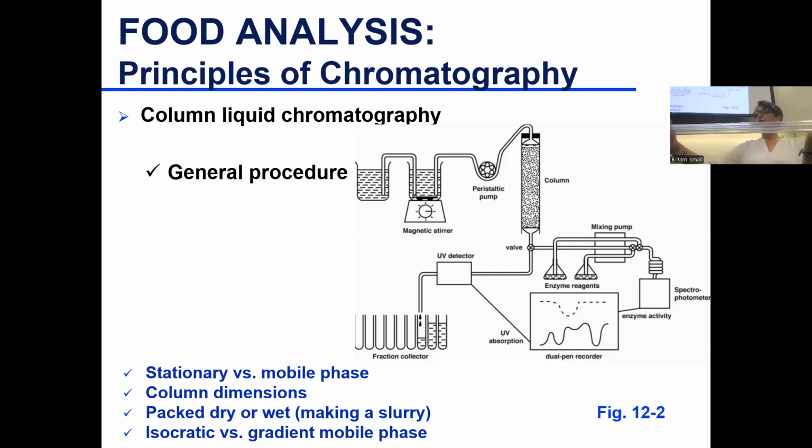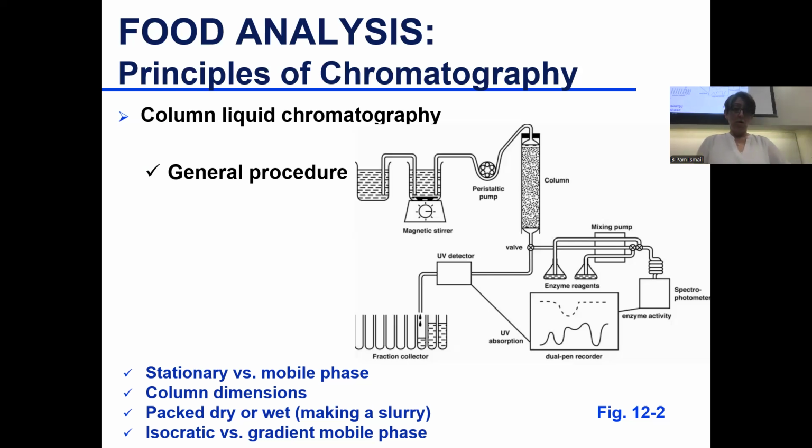They come with different lengths and different widths, so you have all sorts of sizes, and then you can pack them with different material. Based on the material that you use, you will have size exclusion chromatography or hydrophobic interaction chromatography or whatever type of separation mode.